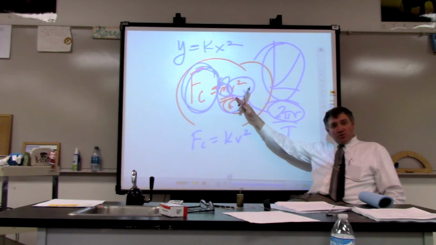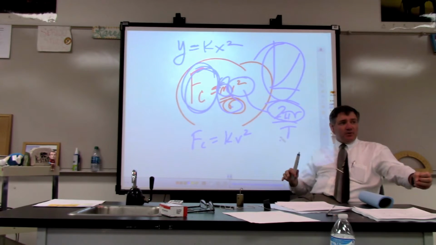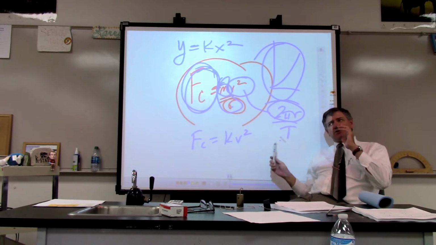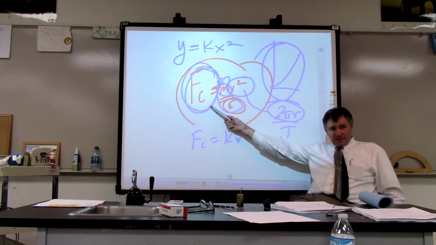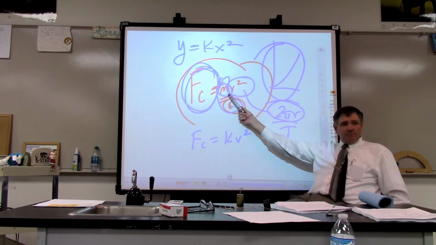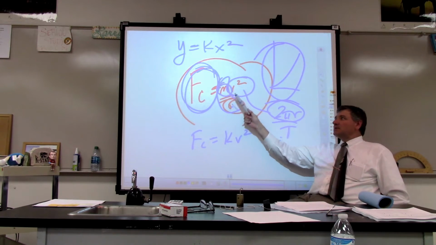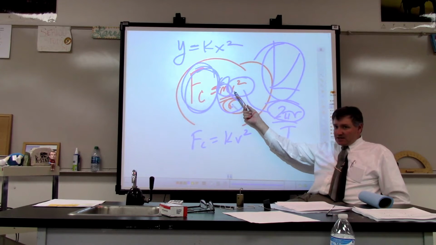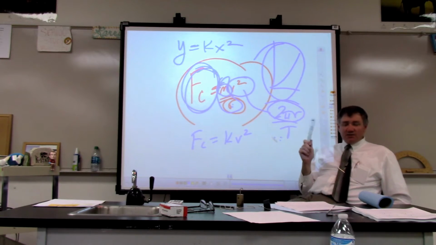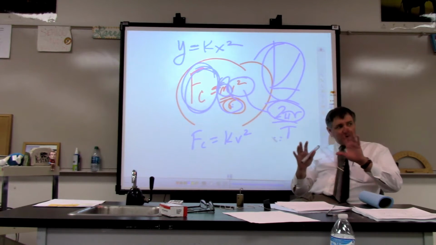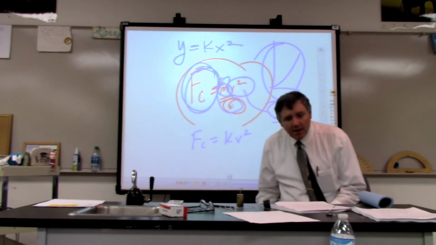So if you think this through to the next level and go, okay, right, trials 1 through 4, I'm keeping mass the same and radius the same, centripetal force is going to get bigger. So the only way that velocity can get bigger is if I make the t smaller. So again, when you begin to look at your data, that's what you can begin to look at.